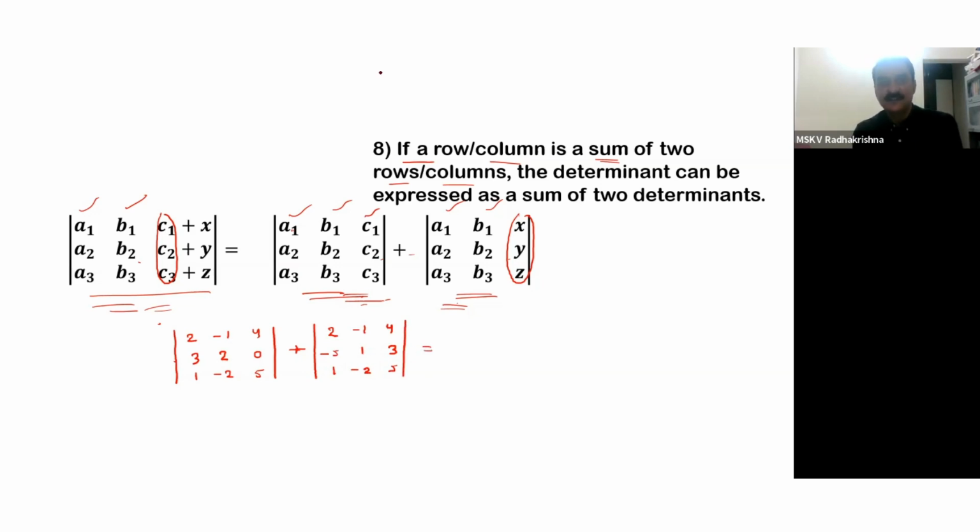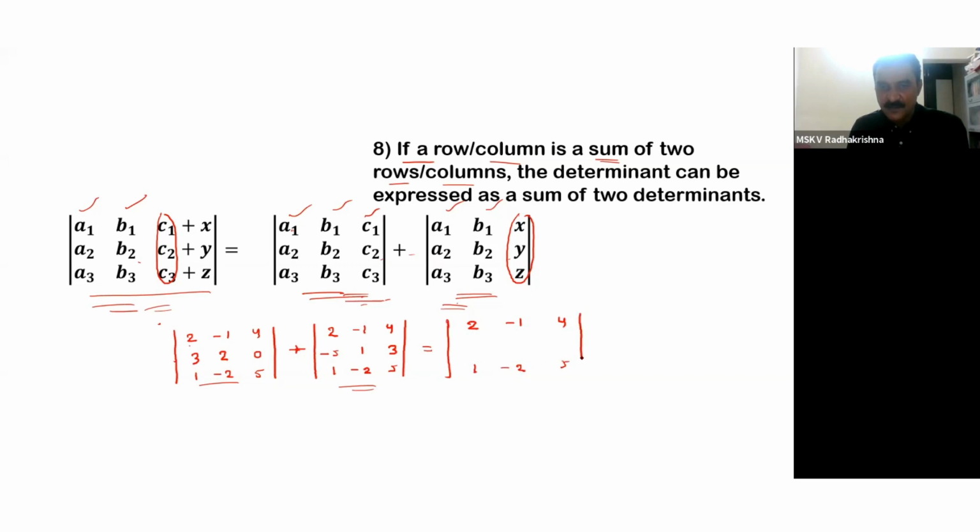How do you decide? You should check whether two columns are identical or two rows are identical. Observe that the first row is the same in both determinants and the last row is also the same. So two rows are identical, so we can add these two determinants as a single determinant. How will you add? You will write the same first and third rows: 2, minus 1, 4, and the third row also 1, minus 2, 5.